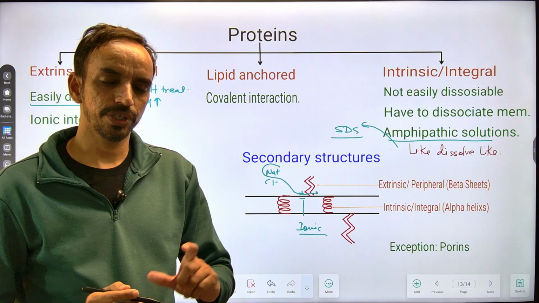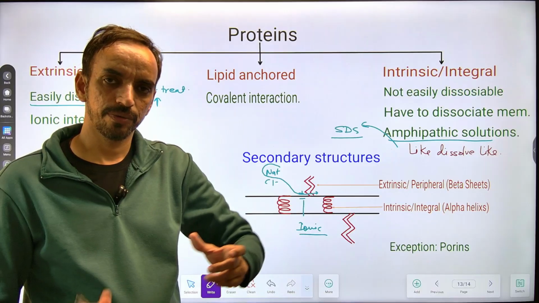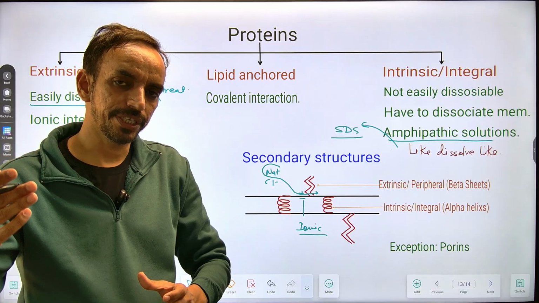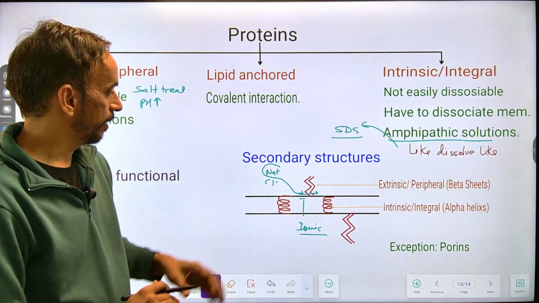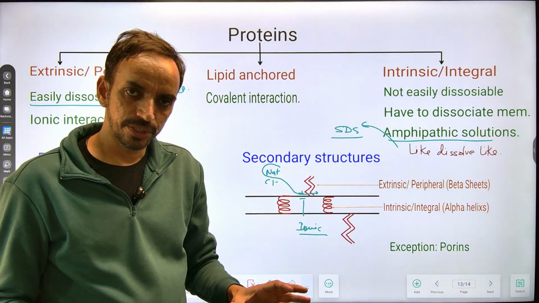This amphipathic solution can easily dissociate the membrane lipid to dissociate the integral or intrinsic proteins. Okay, so अगर intrinsic को हटाना है तो आपको membrane को पूरी तरह से dissociate करना पड़ेगा.